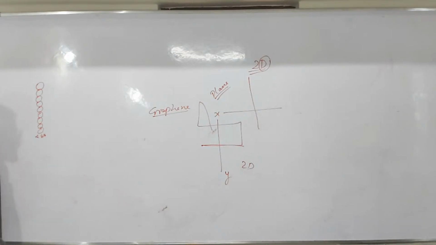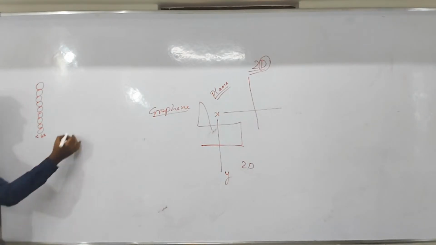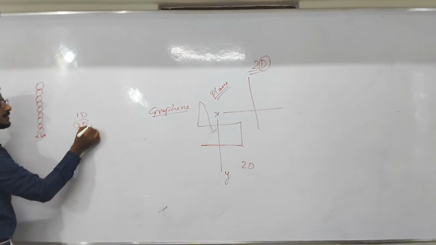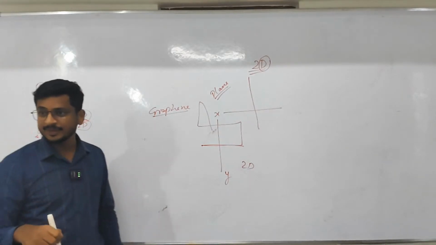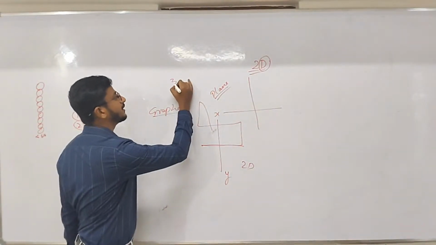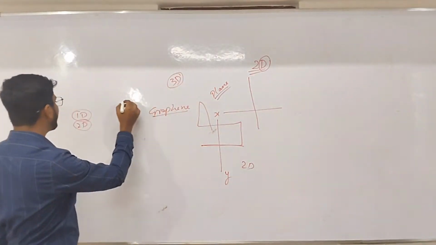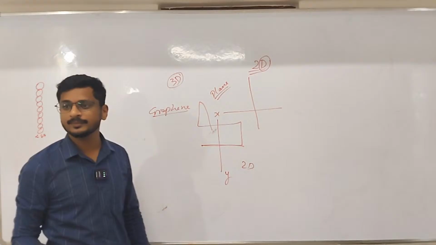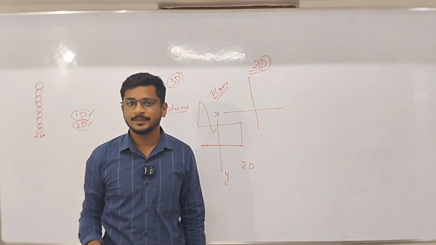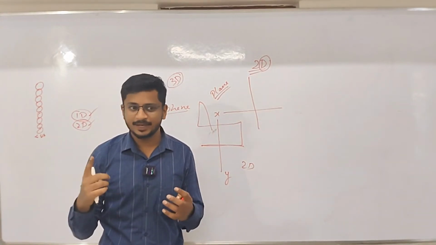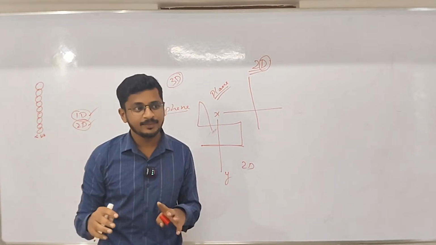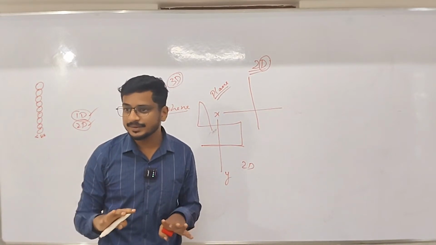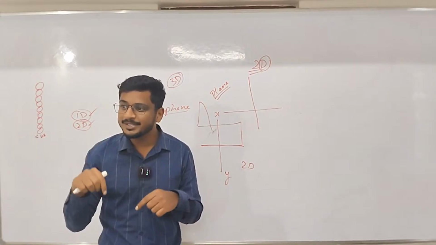Right? That means one-dimension, two-dimension is an ideology. We live in a three-dimensional world where we can only imagine 1D and 2D. There is no two-dimension, there is no one-dimension. It is there, but we can only imagine it.